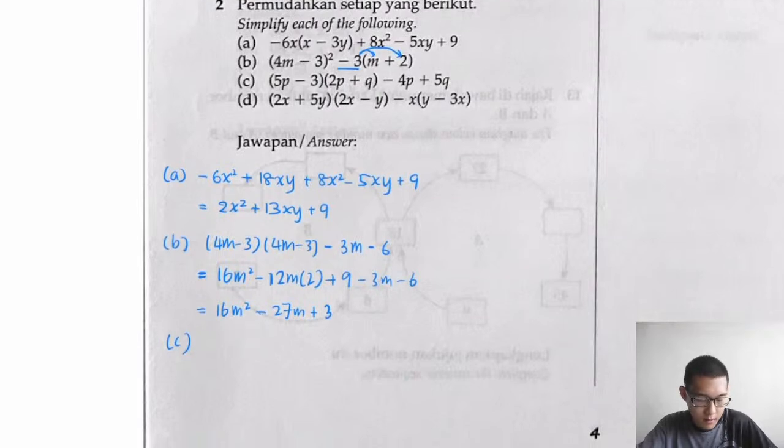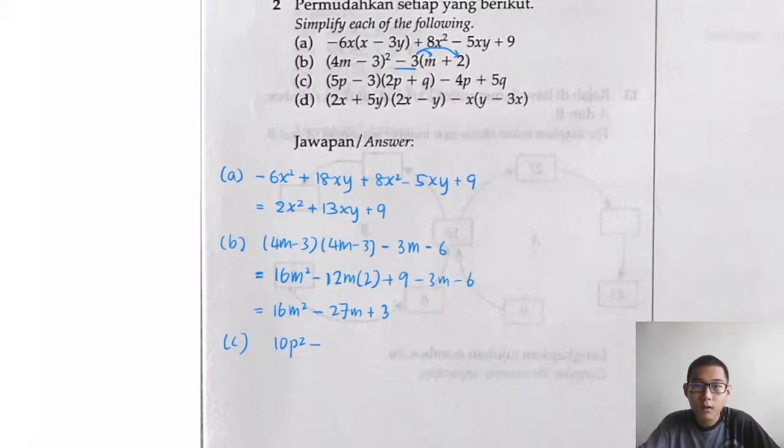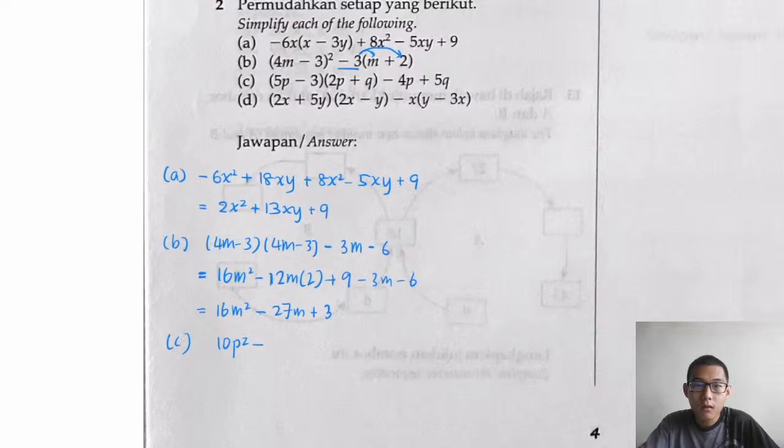And C. We just expand this one. 5p times 2p, then 5p times q is 5pq.